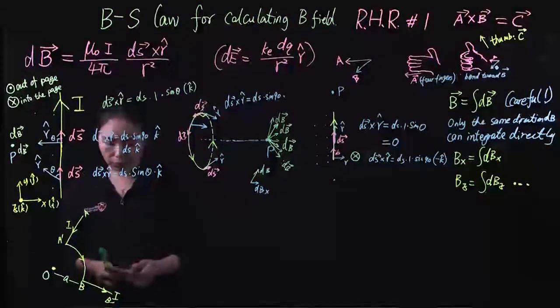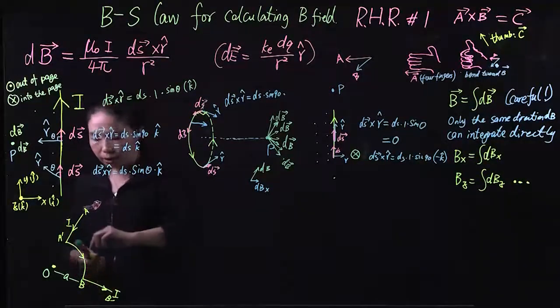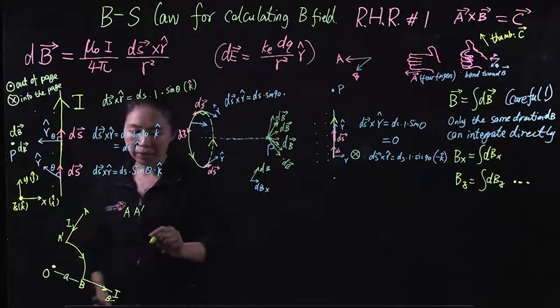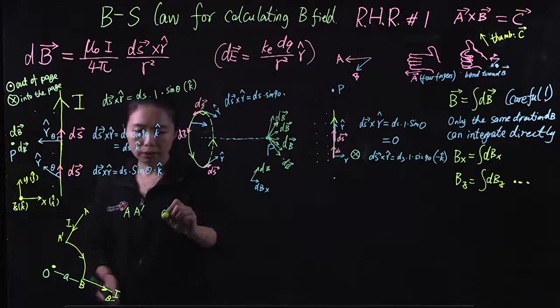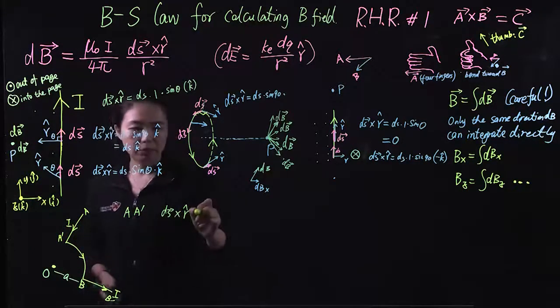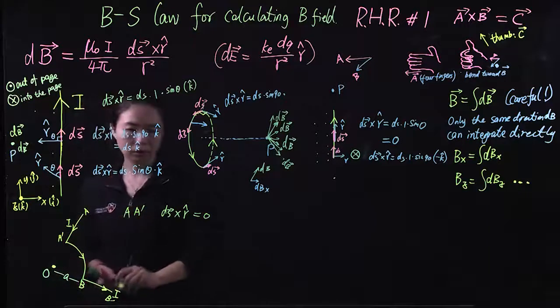Then what we can do is consider it as three different parts. The first part, from A to A prime: in any piece, ds cross R is going to be equal to 0 because ds and R are in the same direction.